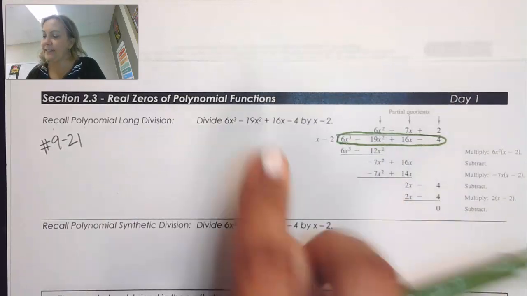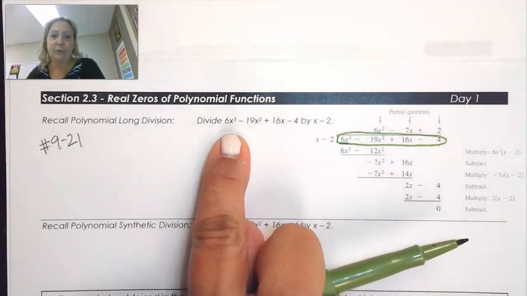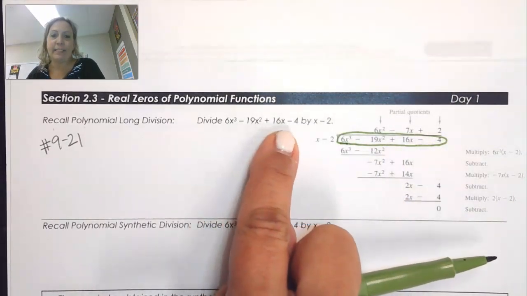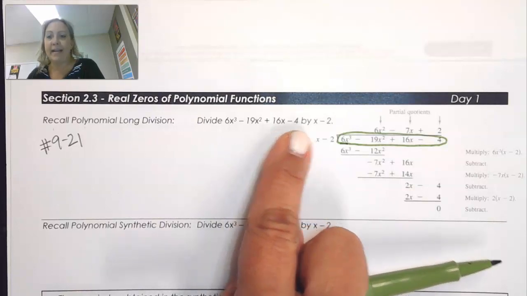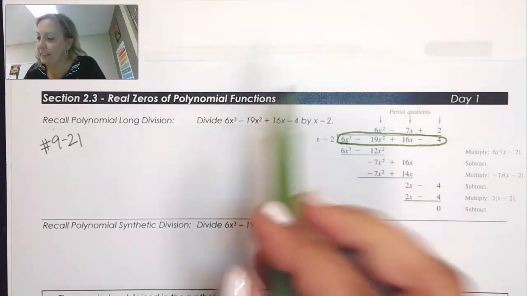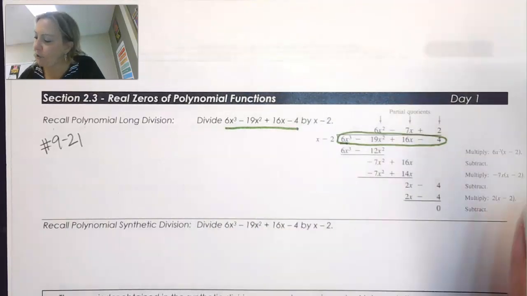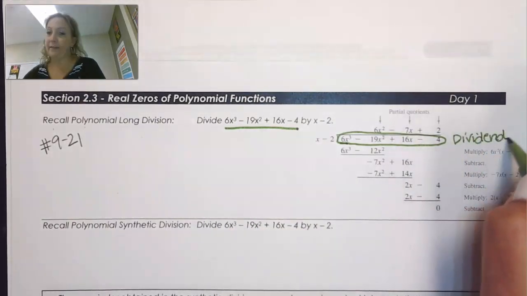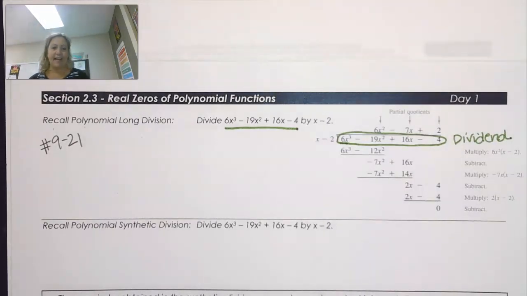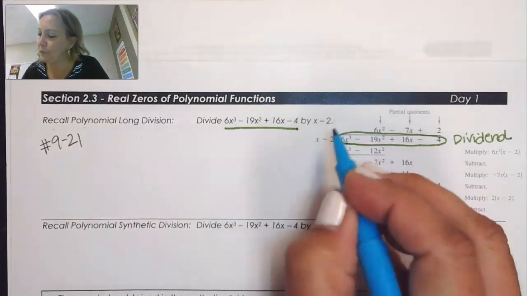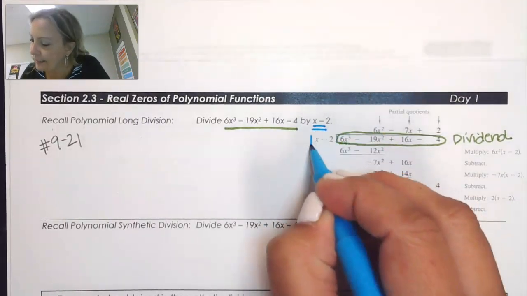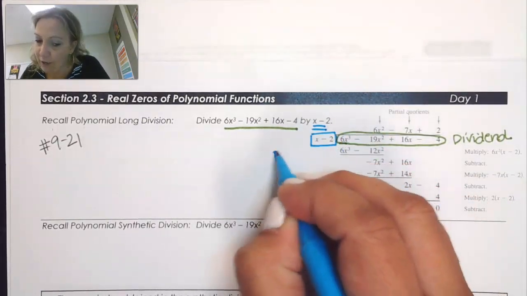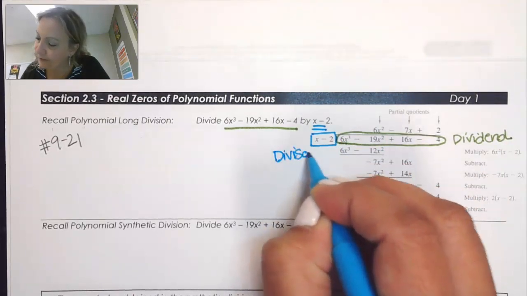When it asks us to divide 6x cubed minus 19x squared plus 16x minus 4 by x minus 2, this part right here is called our dividend. You are dividing that by x minus 2, and this x minus 2 is our divisor.